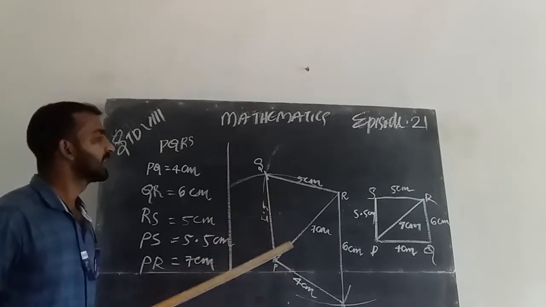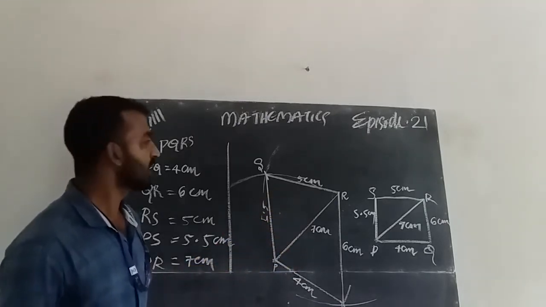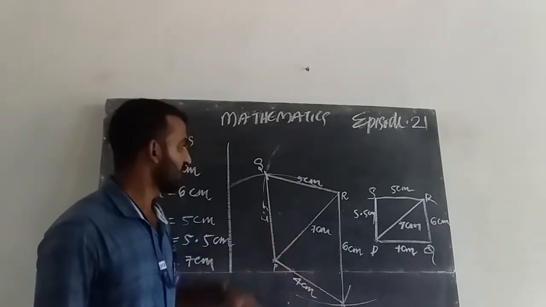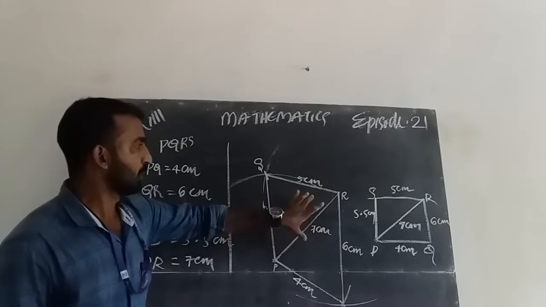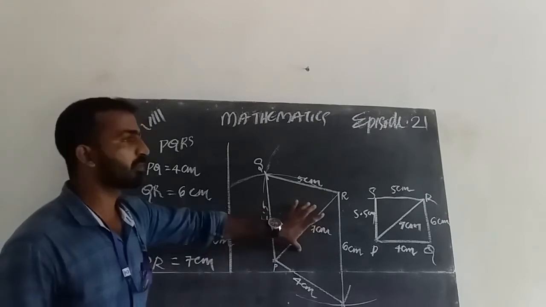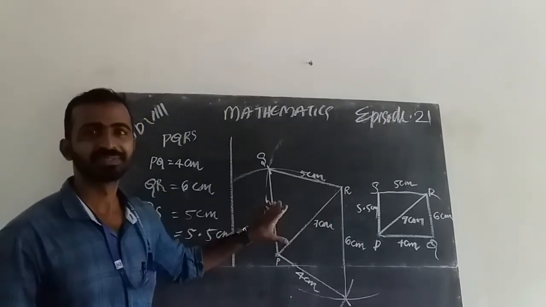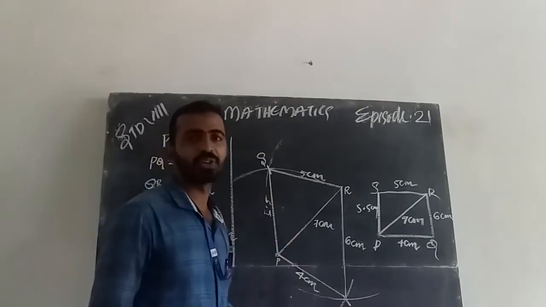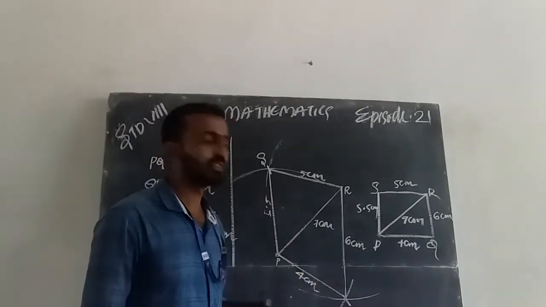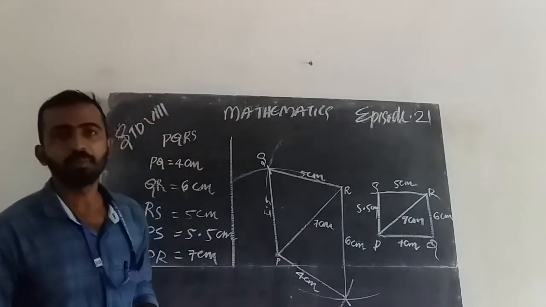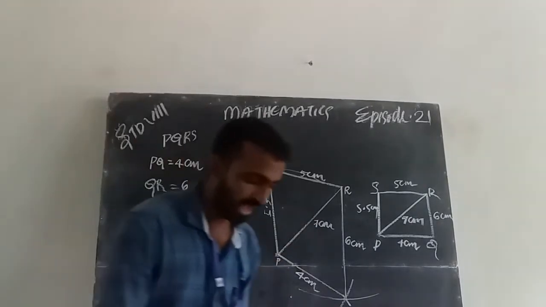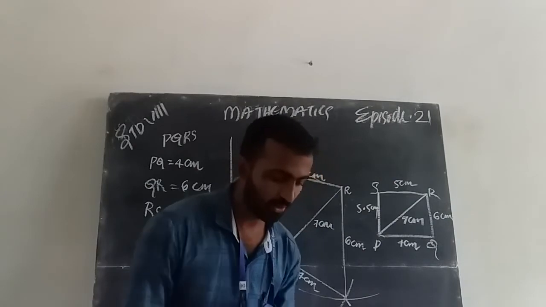That is our required quadrilateral. This way we draw the quadrilateral. You can draw any type of quadrilateral with your measurements, and we are going to discuss our exercise.